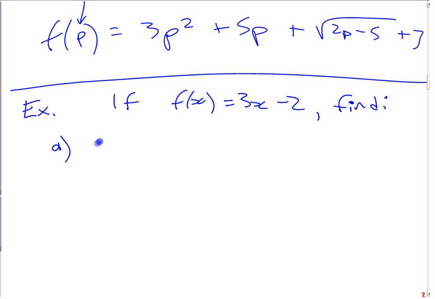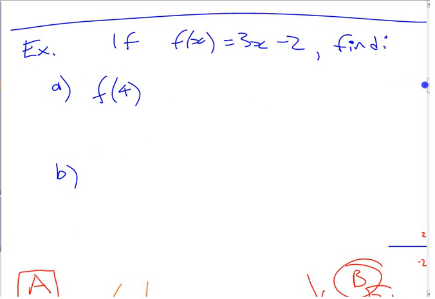Find f of 4. That's one thing. And then the second thing I want you to find is, find x when f of x equals, what could it be? 10?